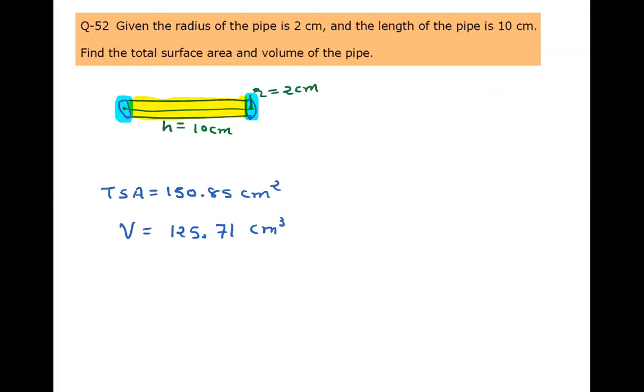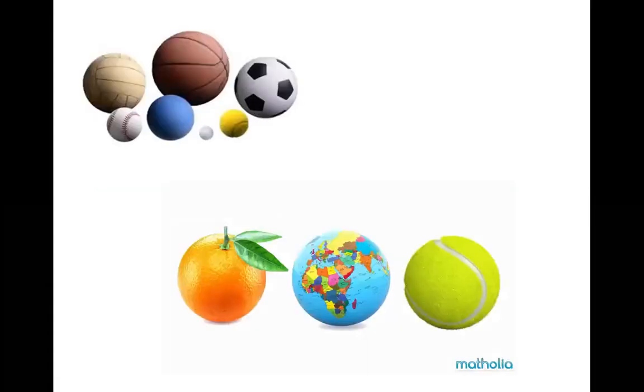Look, students. Now the next thing, this is your tutorial, one portion is completed. All the examples of the cylinder will be completed here. Now we are moving on to the next thing, which is the sphere.